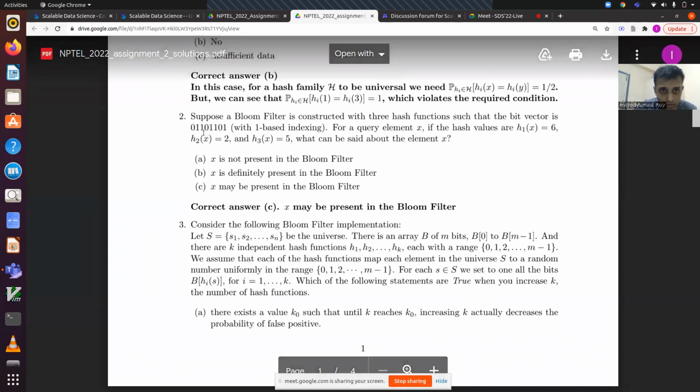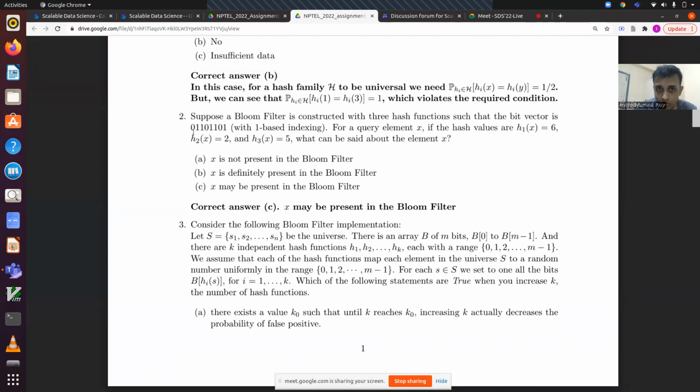So 2, 5 and 6, right? Yes, sir. So the counting starts from 1. So 2, 5, 6 means we put 1 in the second, 5th and 6th positions. So 2 is 1, okay?